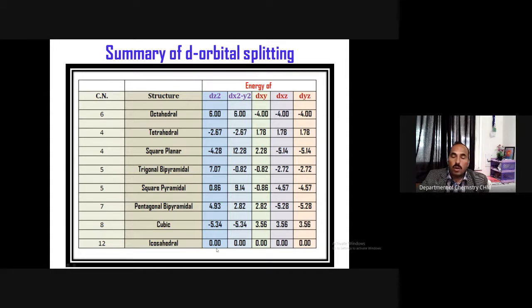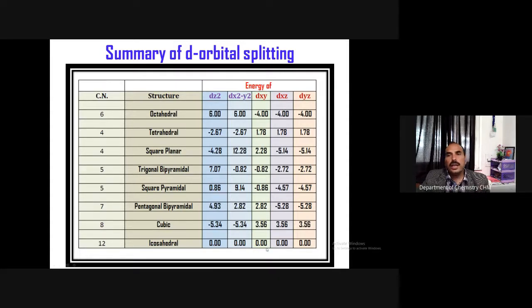So although the energy of the d orbitals will be going very high, there will be no splitting effectively. This splitting is basically the gap where something is stabilized and something gets destabilized. But here everything is getting destabilized, right? Energy of all the d orbitals is going high, so there is no splitting.